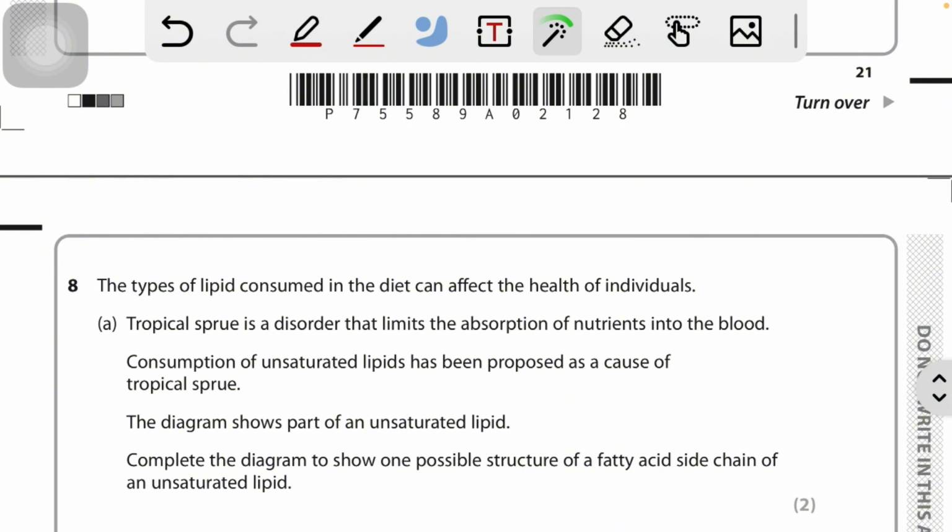Complete the diagram to show one possible structure of a fatty acid side chain of an unsaturated lipid. Okay. So it does not say that you need to draw a perfect or a correct one, but a possible one. What can an unsaturated lipid or a fatty acid chain contain?